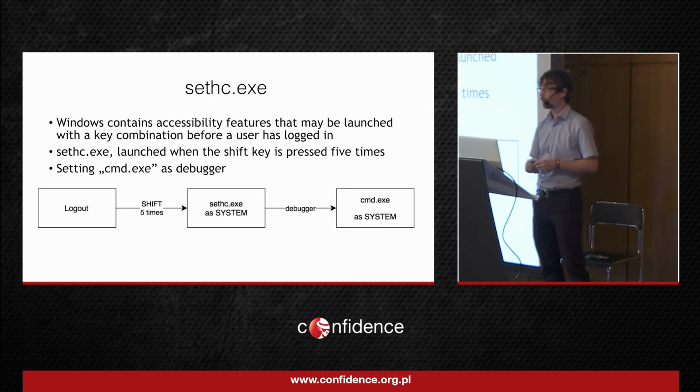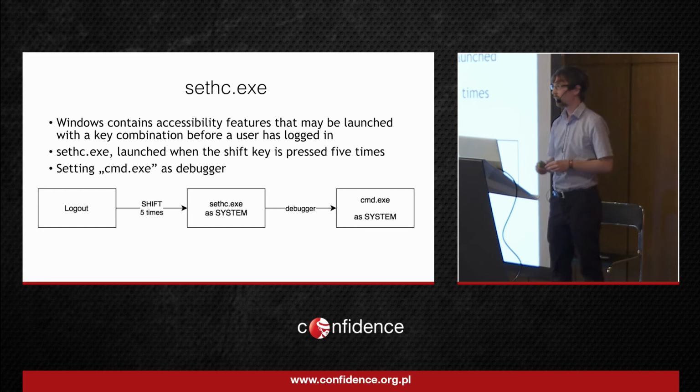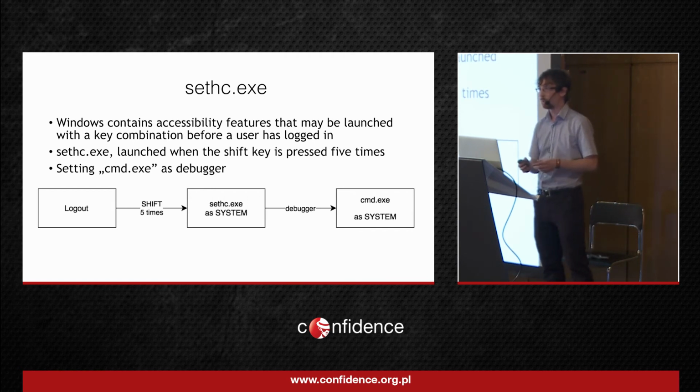There is one little quirk here. When you press the Shift key 5 times, the executable runs in your security user context. For us, that's bad, because we are a standard user and we want administrator access. But the situation changes dramatically when you log out, because on the login screen, there is no currently logged-in user.